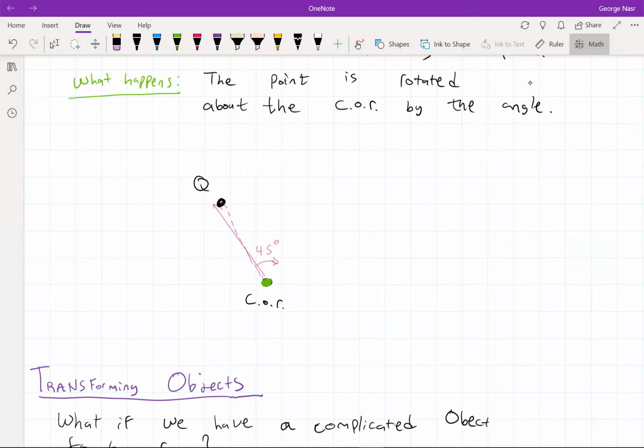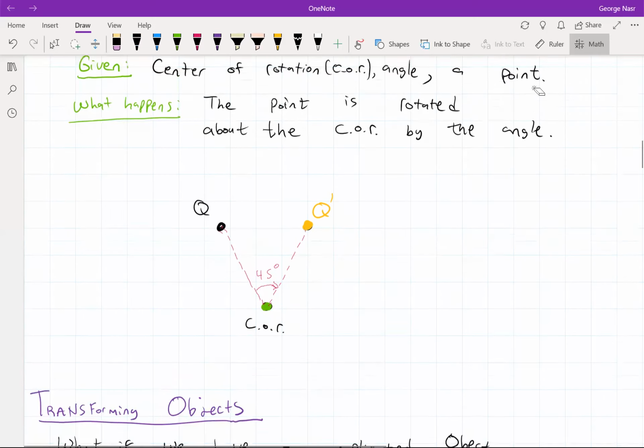I start like this and I just rotate around. I'll do that animation one more time. A 45-degree rotation around this would be like this. So what ends up happening is we end up right here. And that Q prime is the image of Q under rotation.